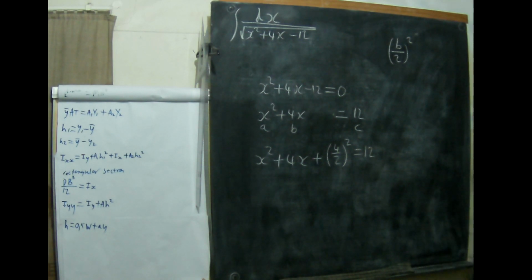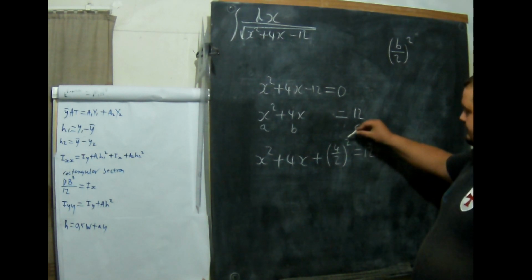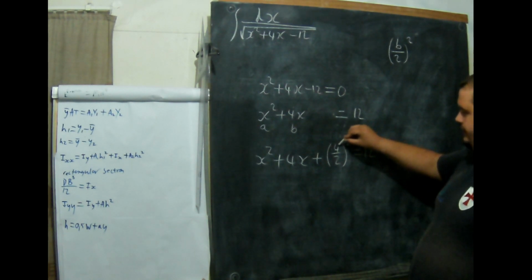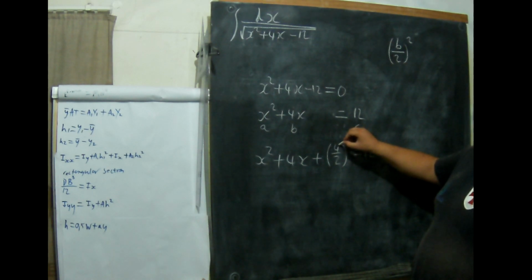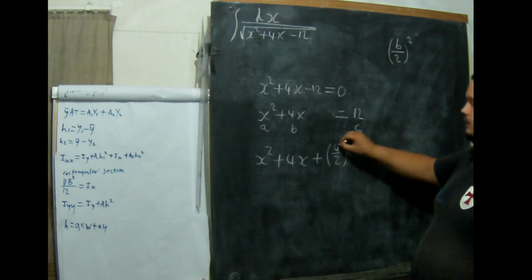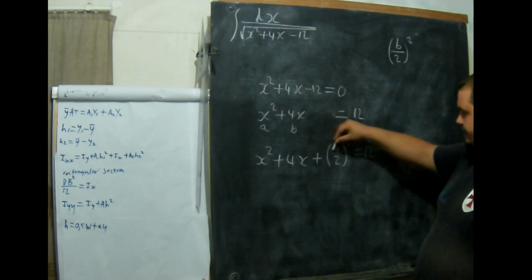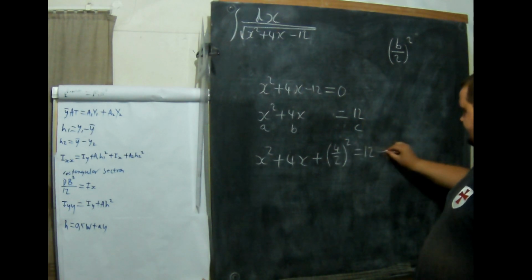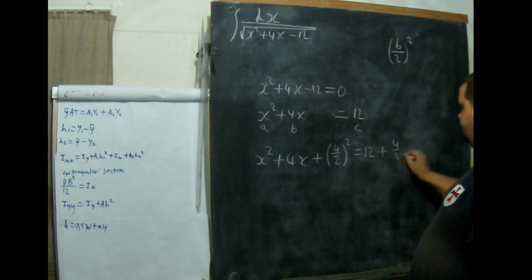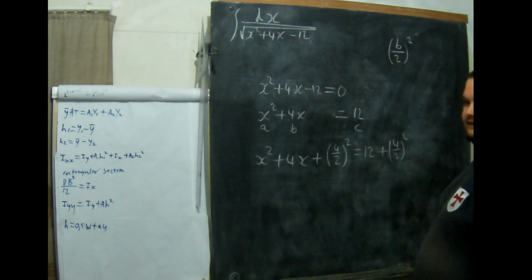Now, because this is algebra, what we do on one side, we have to do to the other. So we plussed 4 over 2 squared over here, so we have to plus 4 over 2 squared on the other side.